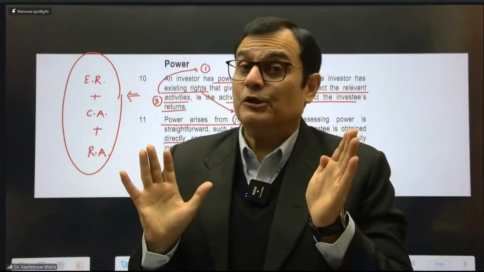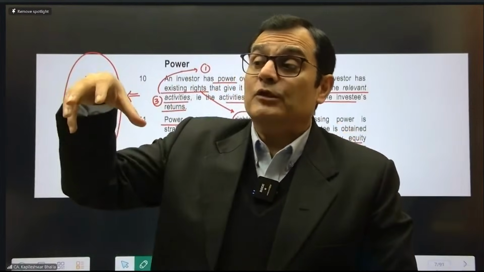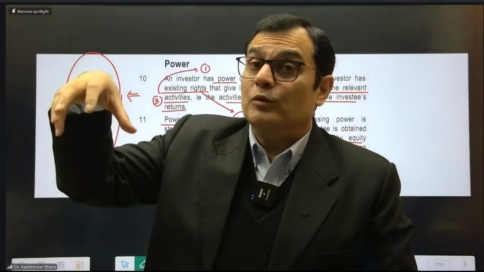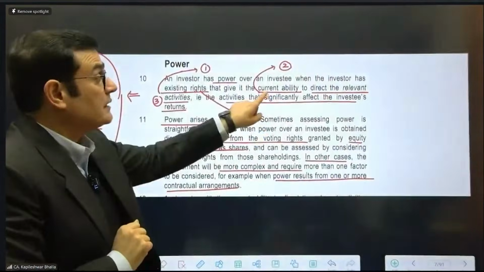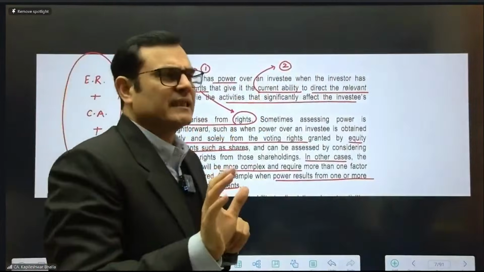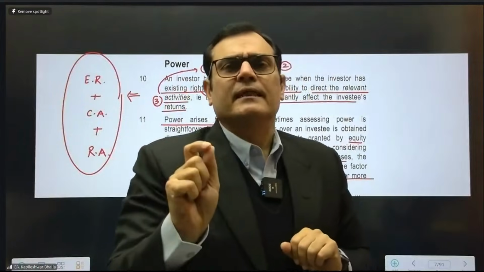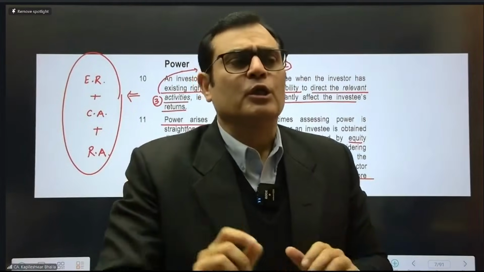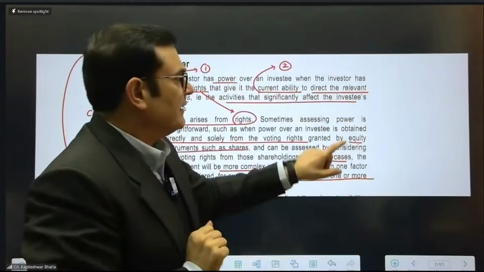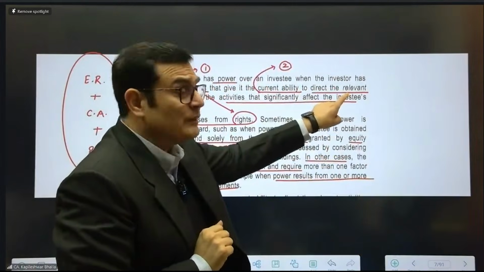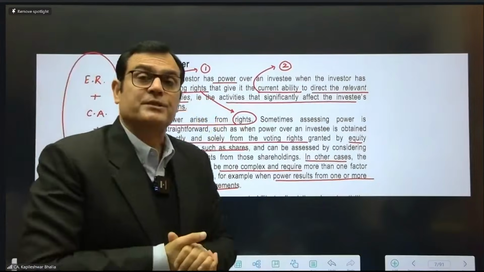But when you say that you've got those rights, we need to see whether those rights are going to give you a current ability. Now we need to understand what is this current ability. We can say the current ability means that you should be in a position to use these rights to do what? So that you can direct the relevant activities of the business.